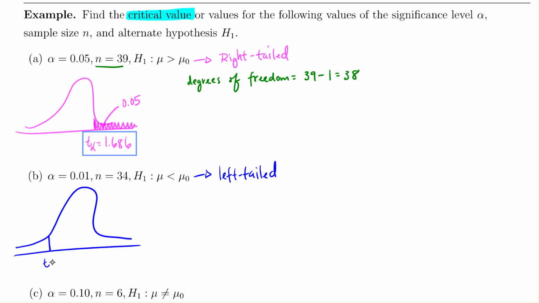I've got some T alpha value that I need to find, but I know the area to the left of that is 0.01. My degrees of freedom is equal to 34 minus 1, which is 33.